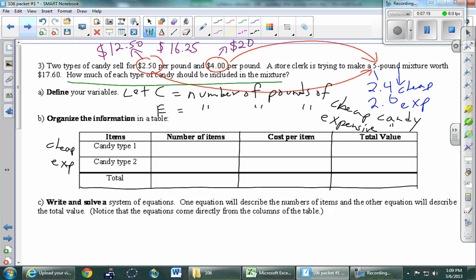Okay, so let's first fill in the easiest column, which is the middle one, cost per item. How much does the cheap candy cost? $2.50 per pound. And the expensive stuff was $4. So oftentimes one of these columns is very easy to fill in. Now that's $2.50 per item.